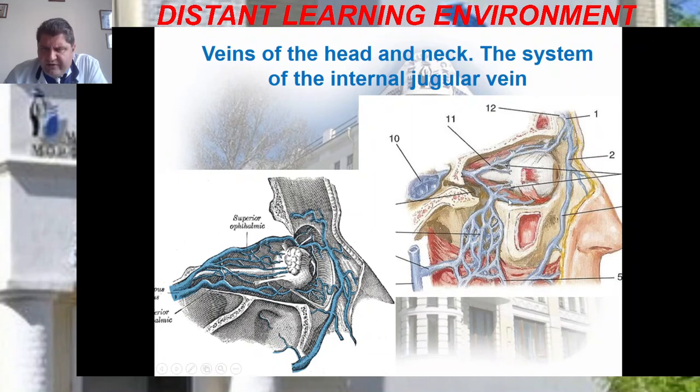The inferior ophthalmic vein has an anastomosis with the superior ophthalmic vein here, and this vein passes through the inferior orbital fissure, and the blood passes into the pterygoid plexus, and next to the retromandibular and facial veins.